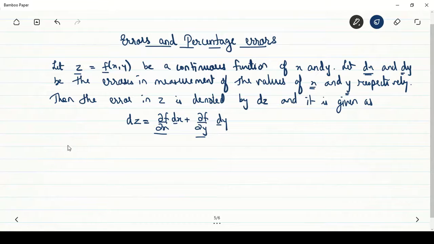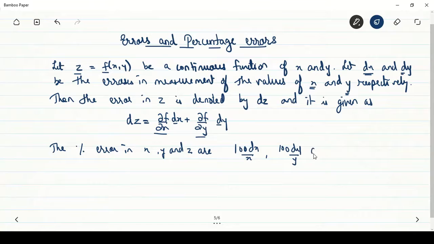Similarly, the percentage errors in x, y and z are 100 dx/x, 100 dy/y, and 100 dz/z respectively.